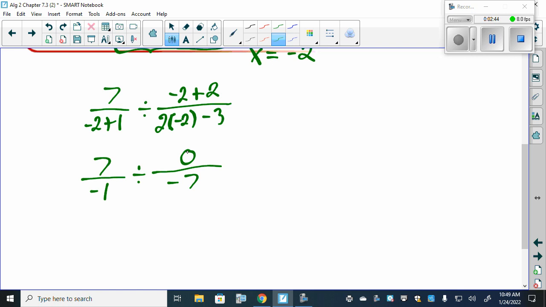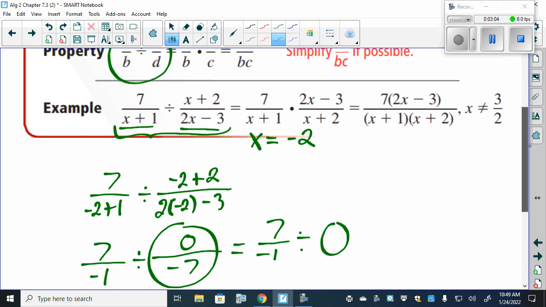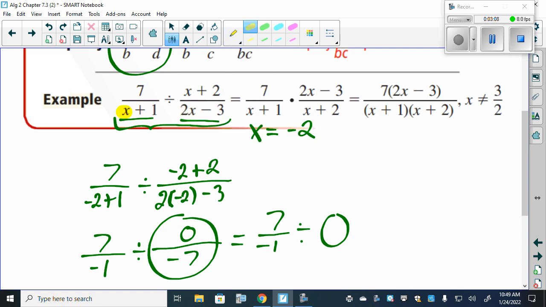So what happened to the second rational expression? This whole thing would be 0, yes? So what would I have? 7 over -1 divided by 0. Well, we can't divide by 0, correct? So with our restrictions for dividing rational expressions, get the highlighter out, it's not just looking at these two denominators.